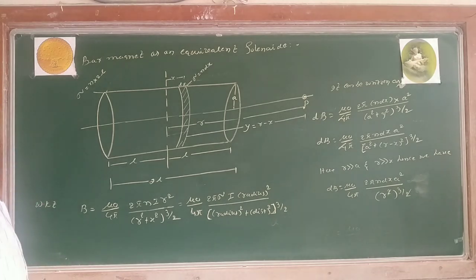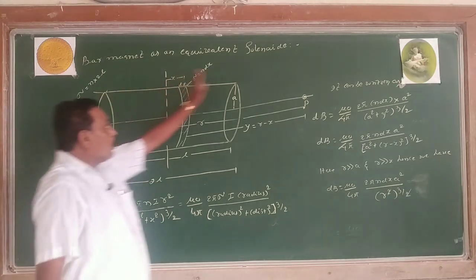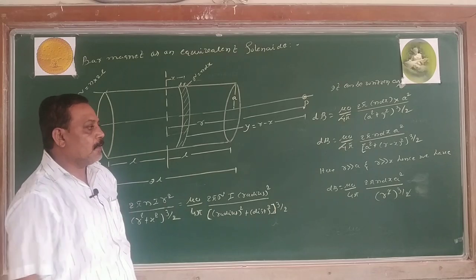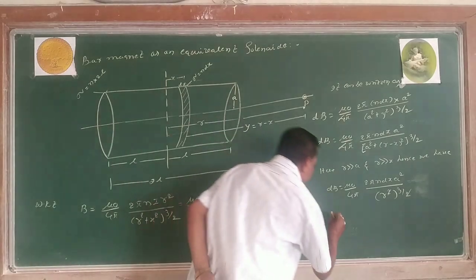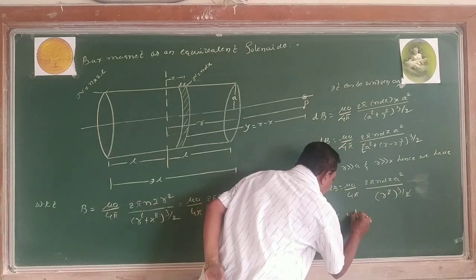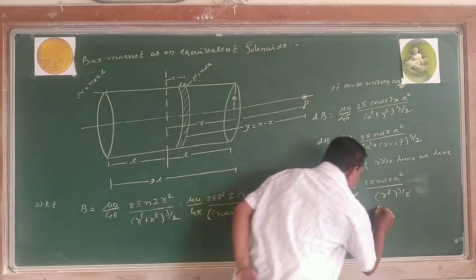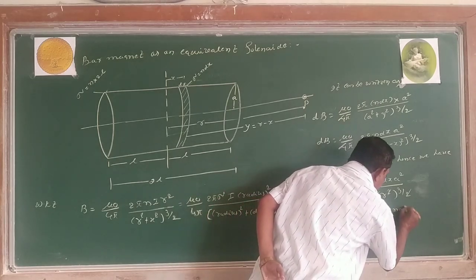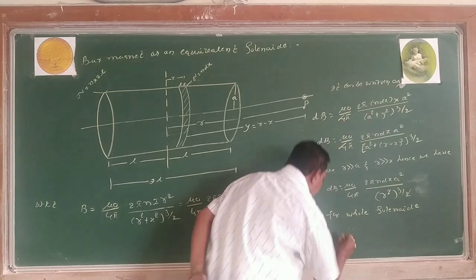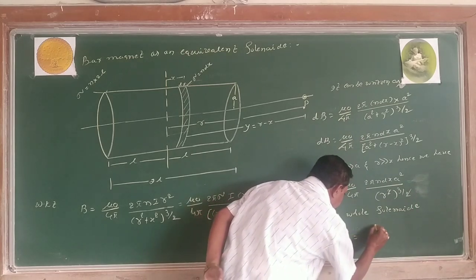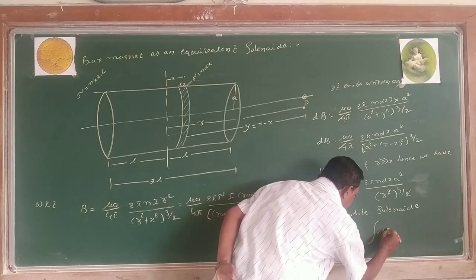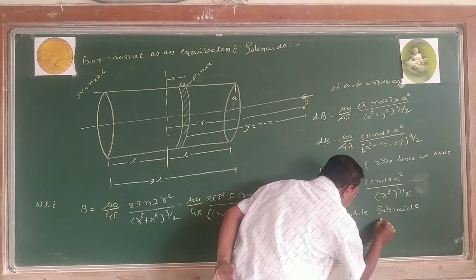Then I need the whole coil. For the whole coil, for the whole solenoid, the total magnetic field B equals the sum of the small magnetic fields from 0 to 2L. What is the length?